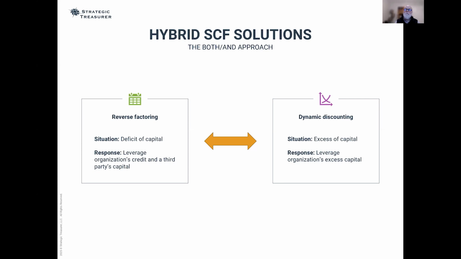When we think about the use of these particular things, whether it's reverse factoring or dynamic discounting, a couple of areas come into play that you should consider. One is interest rates. When interest rates are high, it's tough on suppliers. It's challenging to obtain funding, making alternative forms of financing, such as SCF, more important.